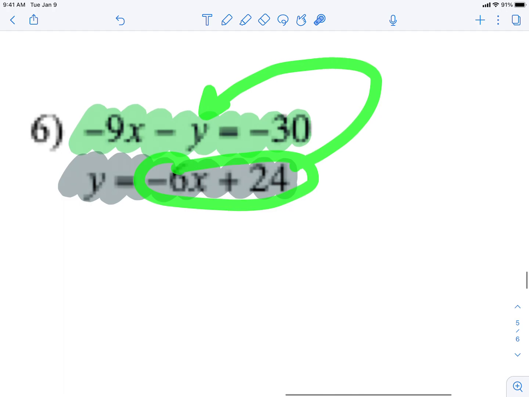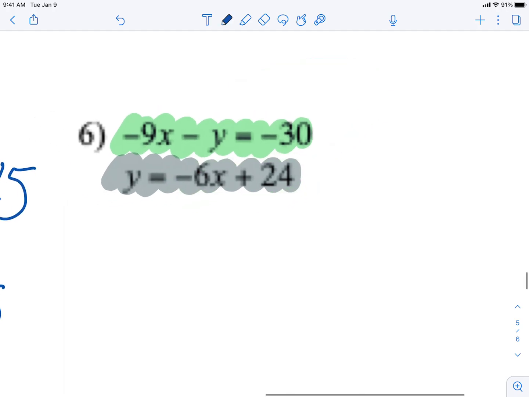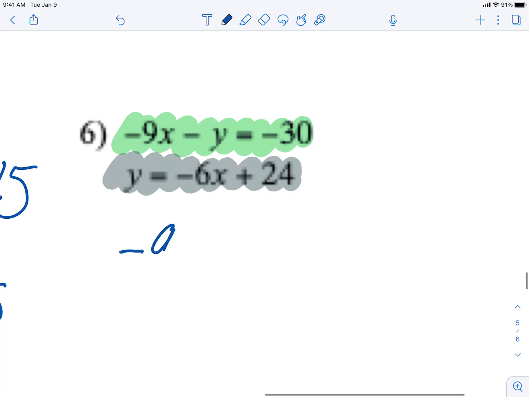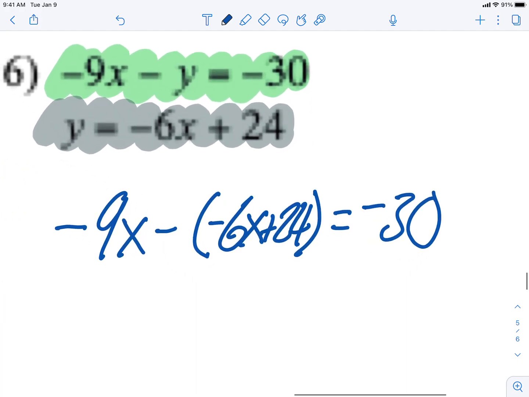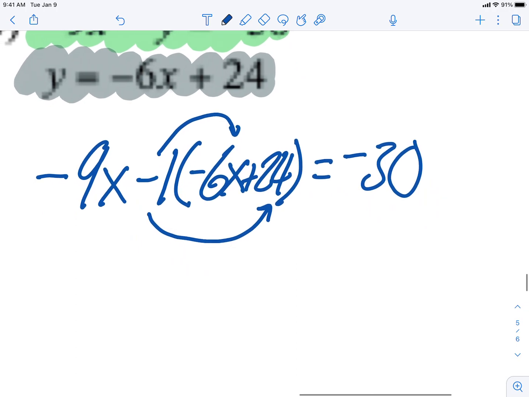So I'm going to say negative 9x minus parentheses is equal to negative 30, and then negative 6x plus 24 is going to go in there. Now I have an invisible 1 here, so I'm going to distribute negative 1 times both of these.